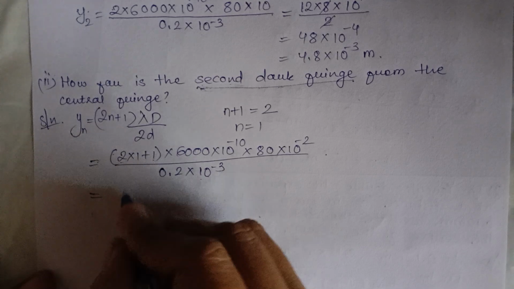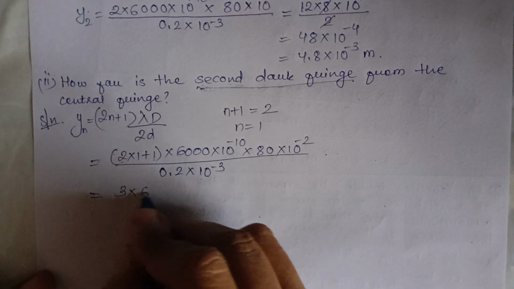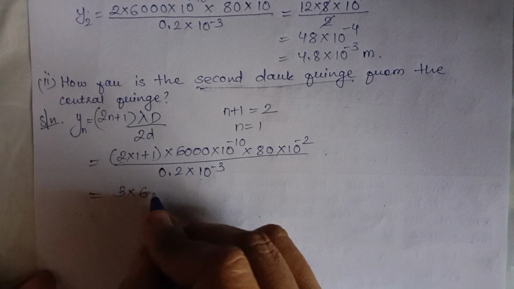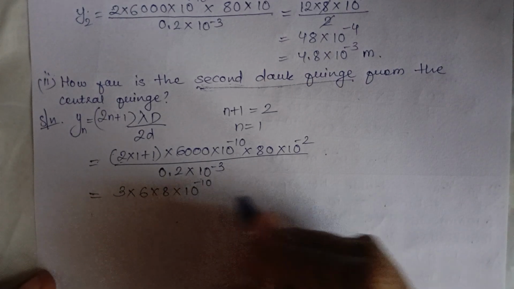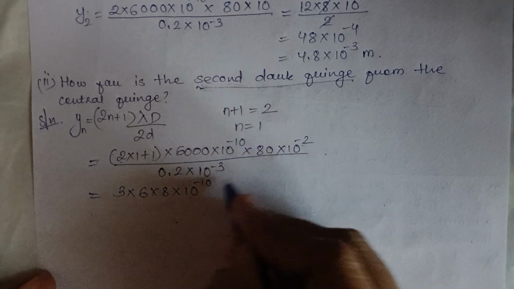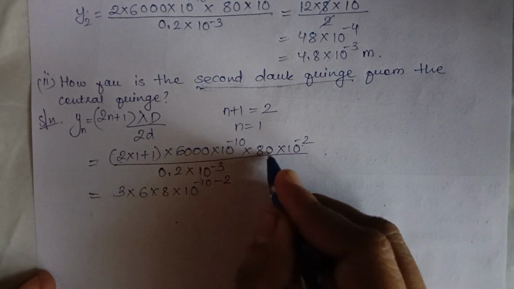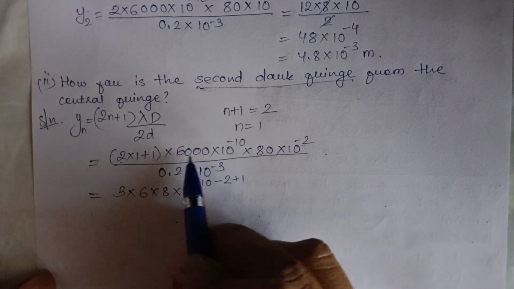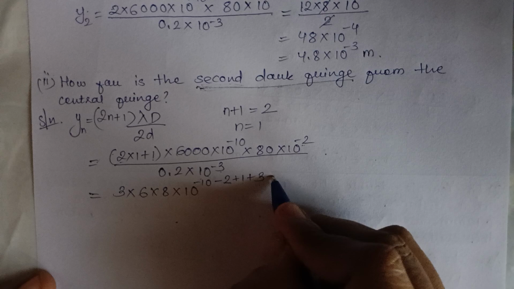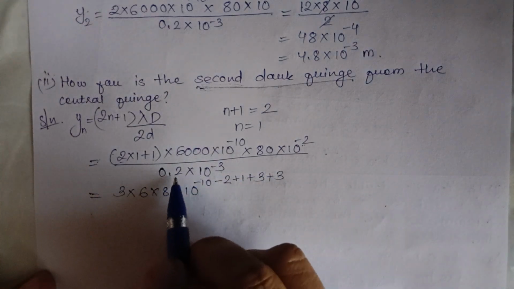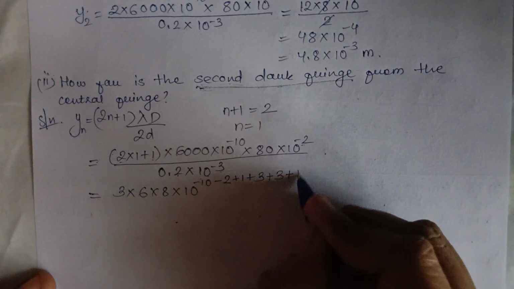So this is 2 plus 1, 3 into 6 into 8, 10 raised to minus 10 minus 2 plus 1, then this is 3, so plus 3, again this is 3, then 2 upon 10, that is plus 1.